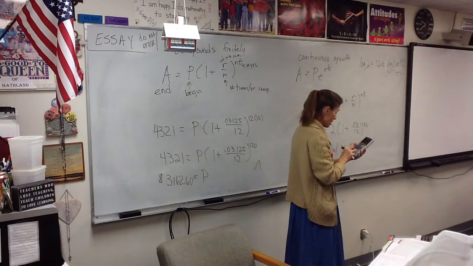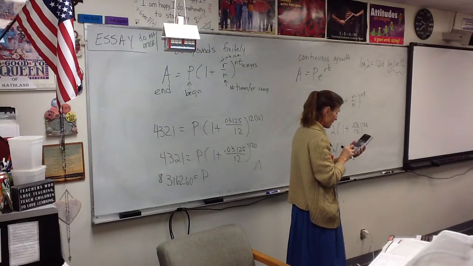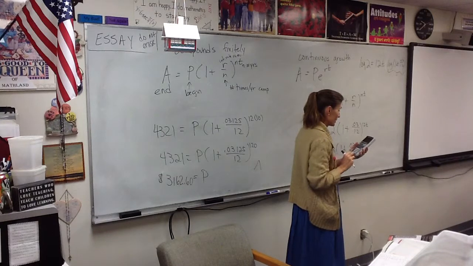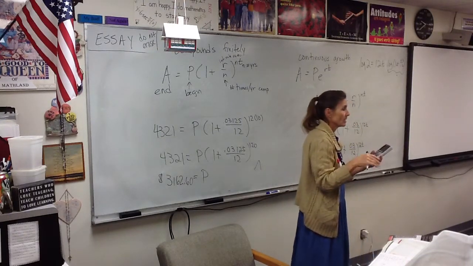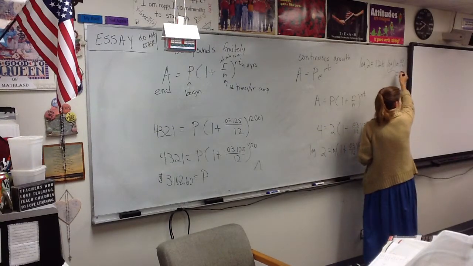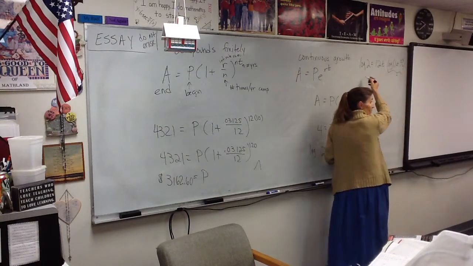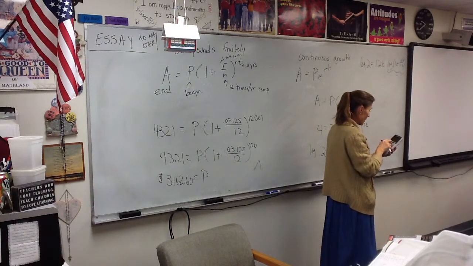So we have the log of 1 plus 0.03 divided by 12. Did you get 0.00108? All right, so now this number is on my calculator. Don't we need to divide that number over to here? So let's take log 2 divided by answer.